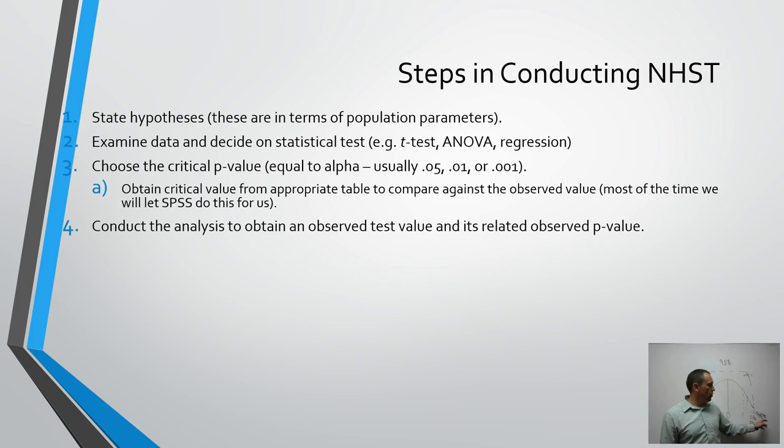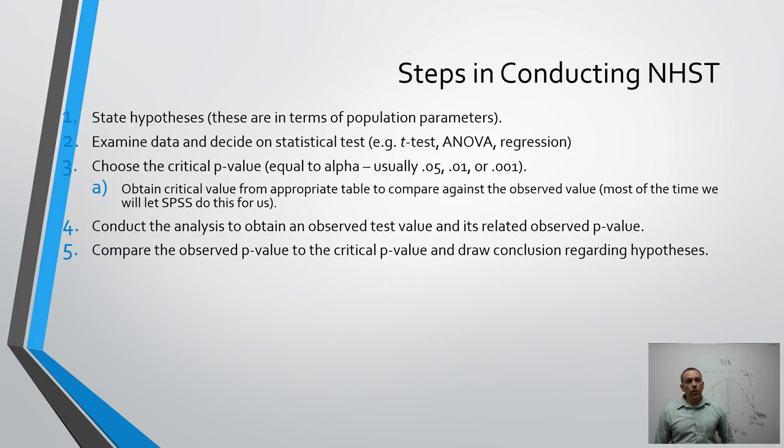If we find a score in this region, we're basically saying, hey, it's not likely to happen very often, so it is statistically significant. Okay, after step 4, then, we compare the observed p-value to the critical p-value and draw a conclusion, which is basically what I just did with the 2.05 p-value. It is in here. We would say there's some effect going on.